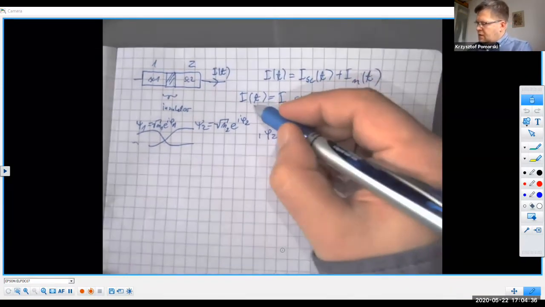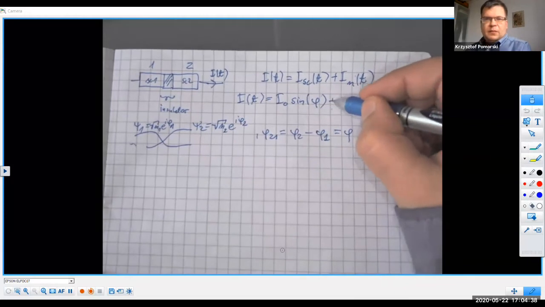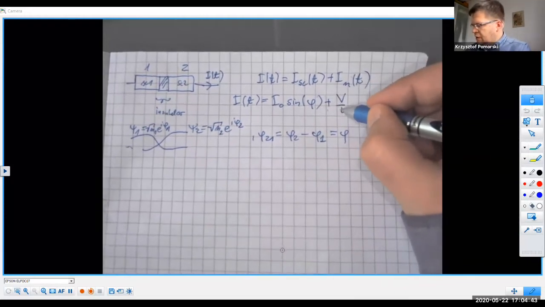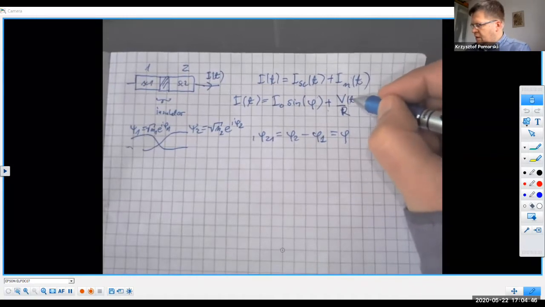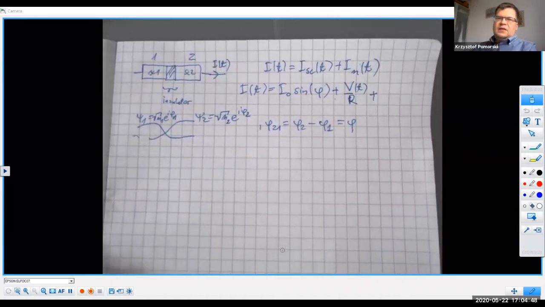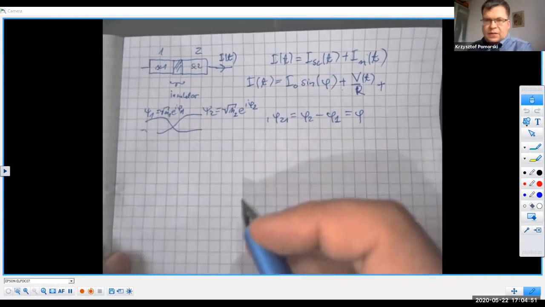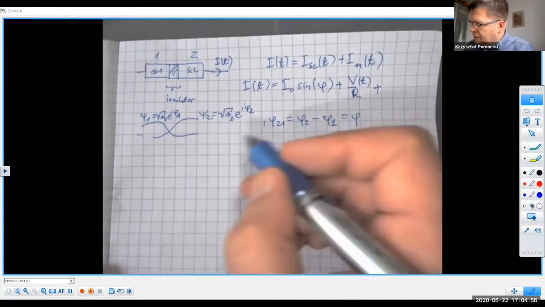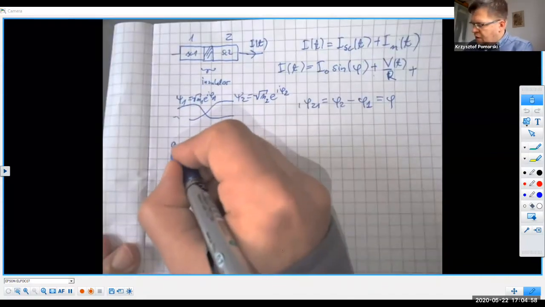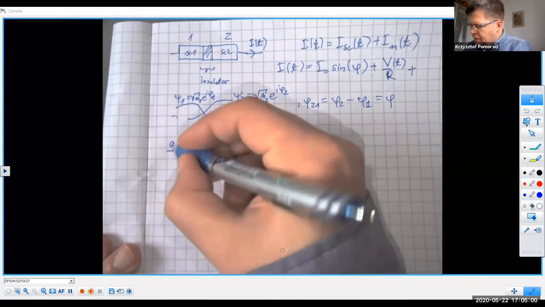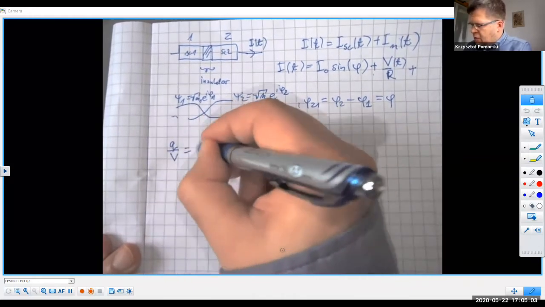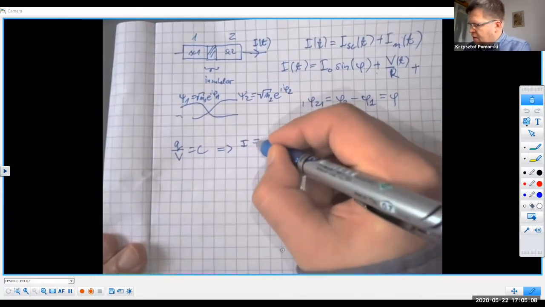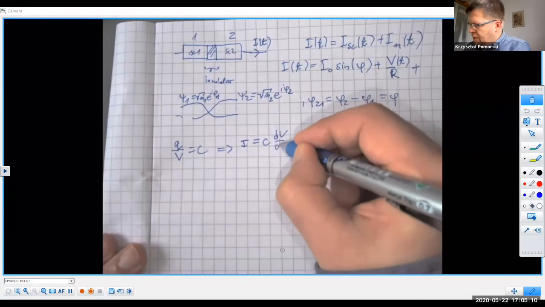So there is a superconducting current plus a normal current, which stands for voltage over resistance, plus a displacement current that flows via a capacitance. Essentially Q equals C times V, which leads to the formula that the current is C dV over dt.